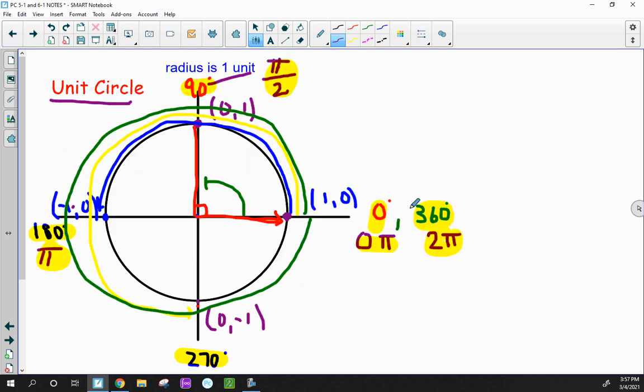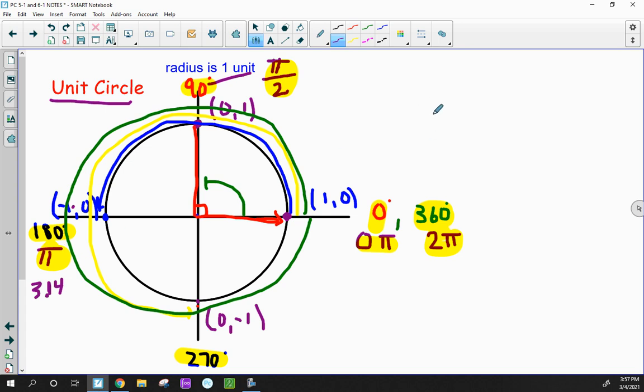Backtrack for 1 second. When I'm talking about a pi for radians, remember pi is equal to 3.14 approximately. And I know you know the rest of it as well, but 3.14. So the reason I'm bringing this up is sometimes they don't put pi in your answer.